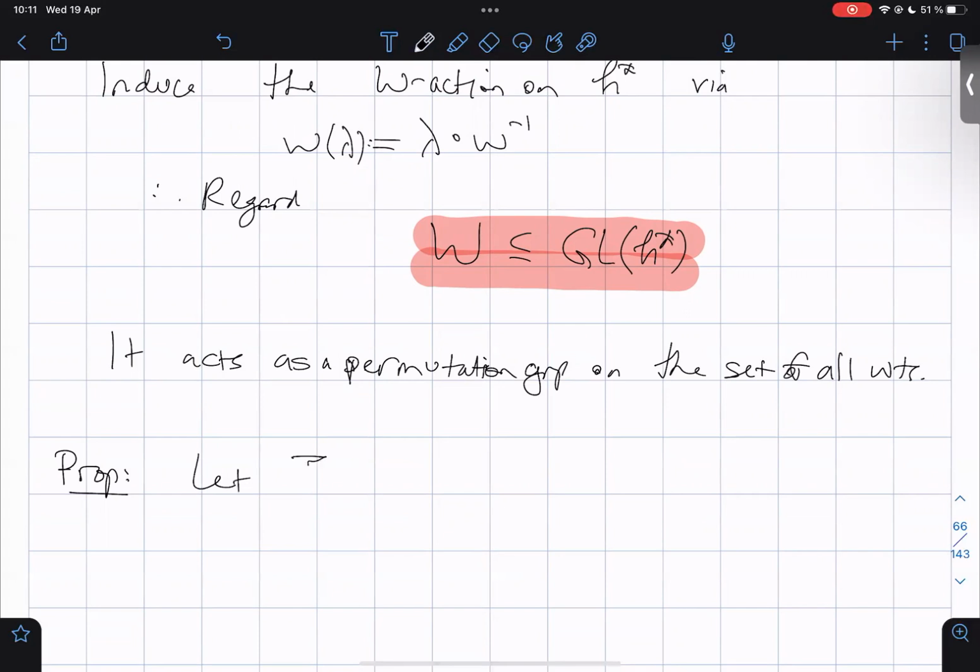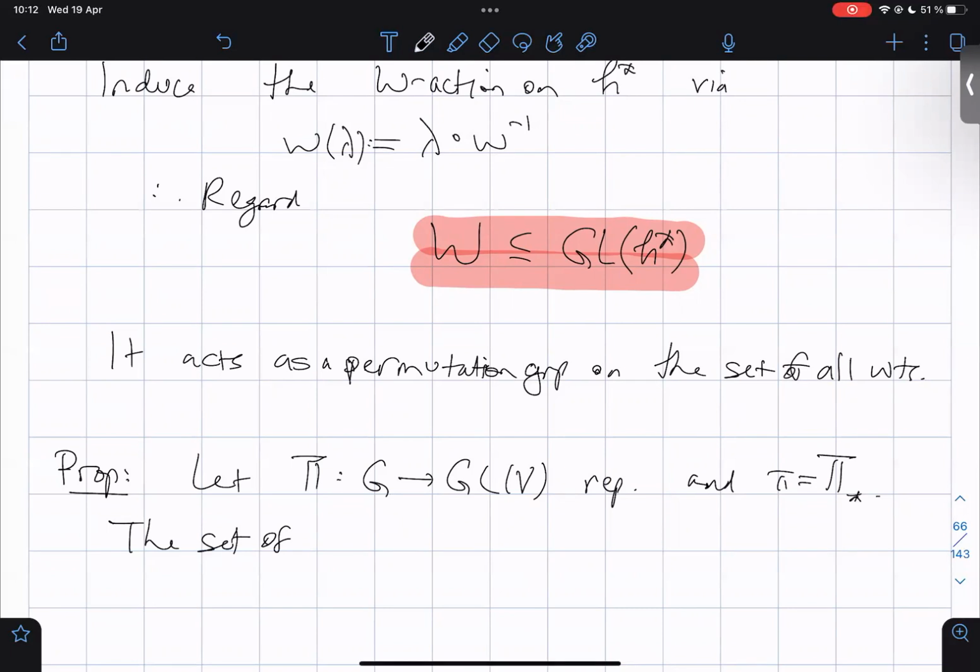So let's take a representation of this group, and let's take little pi, the representation at the Lie algebra level. The statement here is that the set of weights of V is W invariant.